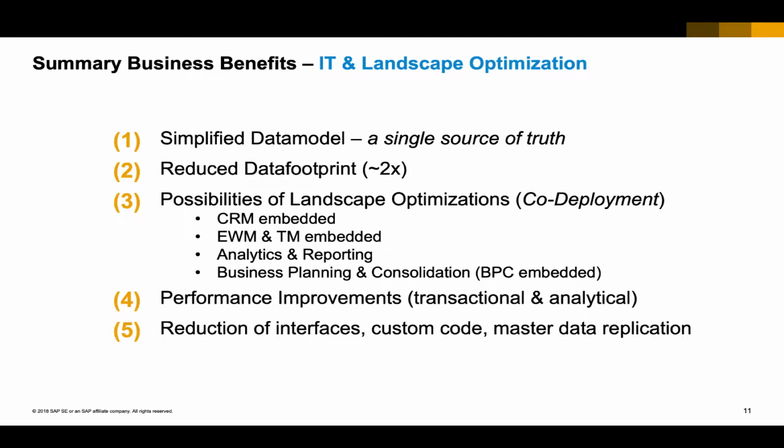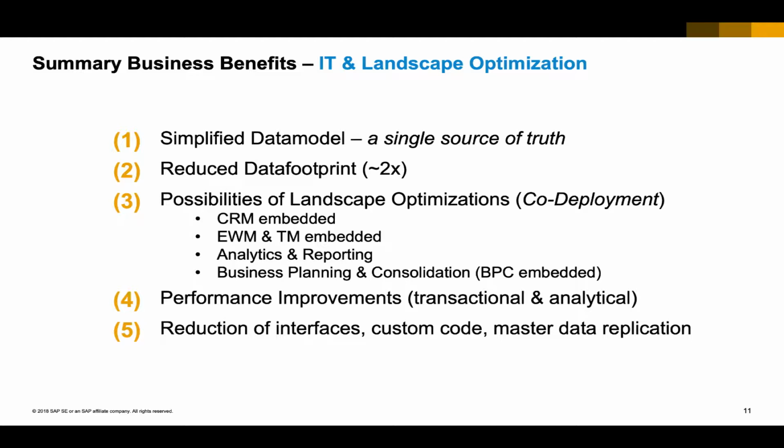So these are also some benefits, not only from the finance side, but also from IT for the CIO. SAP S/4HANA provides you a simplified data model, a so-called single source of truth in all kinds of areas, be it sales, finance, procurement, and logistics.